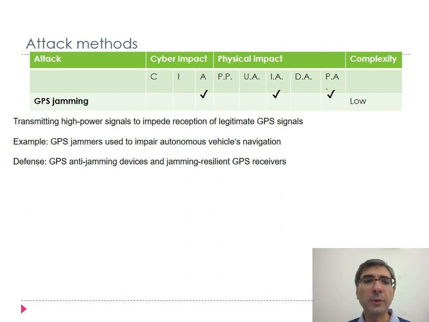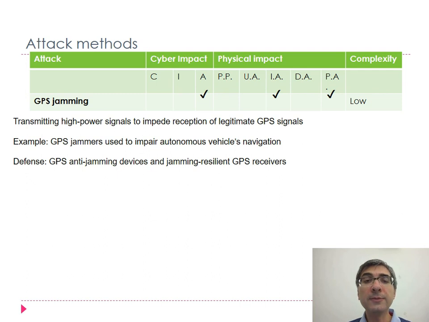The real difference between communication jamming and GPS jamming is really in the frequency that might be used, which should be the frequency of GPS signals, and of course the impact, because the impact of a GPS jammer is that it impairs the autonomous vehicle's navigation, it impairs the location that is shown on a car sat-nav, it impairs the location that is shown perhaps on a phone. So it's the impact, it's more about the ability of making the user think they are in the wrong place or heading to the wrong place that really makes a difference.